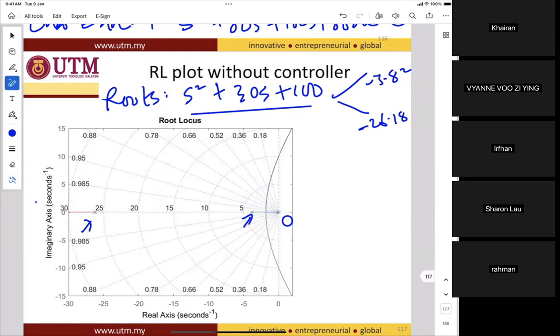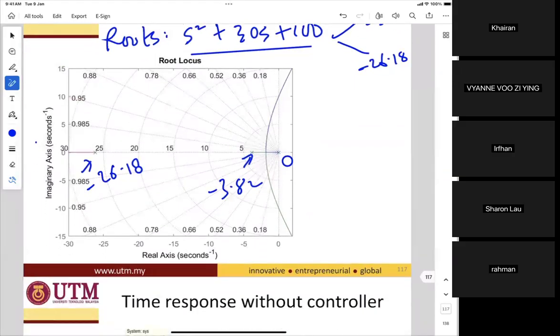Correct. Yes. The open loop poles. So we have one breakaway point over there.